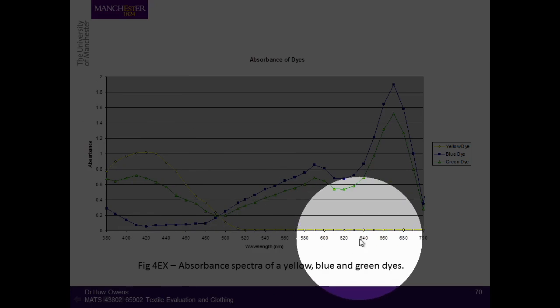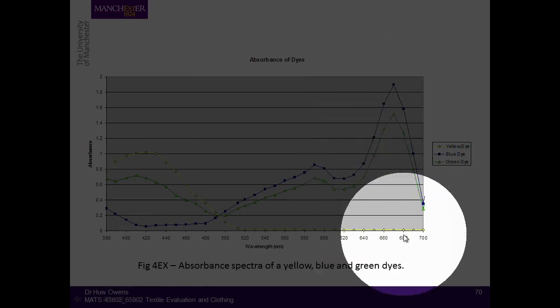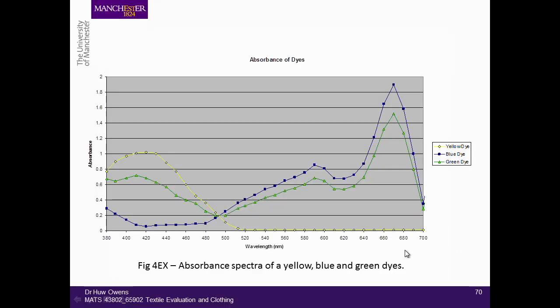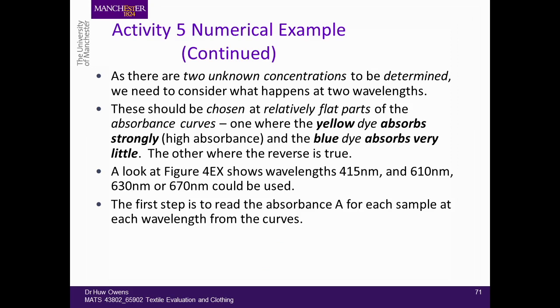So we're looking for large differences between the two dyes. Okay, so we've kind of got two areas. So we're going to pick about 415. We could pick that local maxima, or we could pick the global one. So we can either go for 610, 630, or 670.